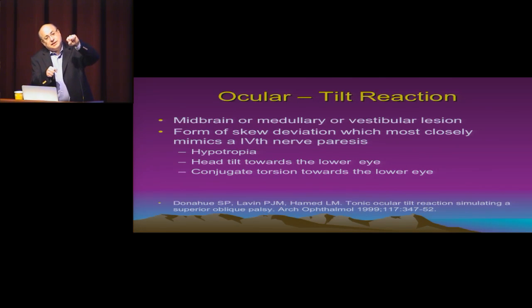Your head tilts to this side because you see better that way. What's the torsion? It's the left eye, the eye with the superior oblique paresis, that is extorted or excyclotorted, right? But in this situation, with the ocular tilt reaction, both eyes are torted towards the lower eye. So that's the only distinguishing feature.